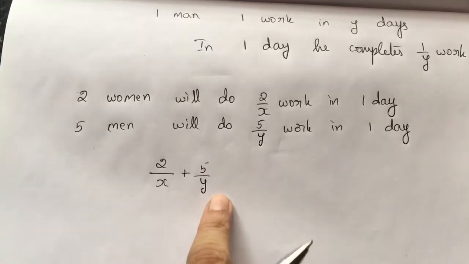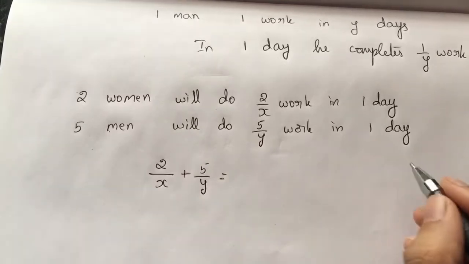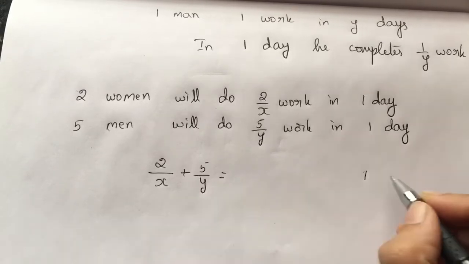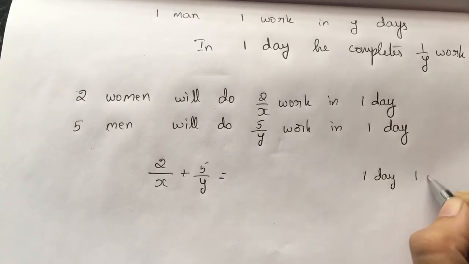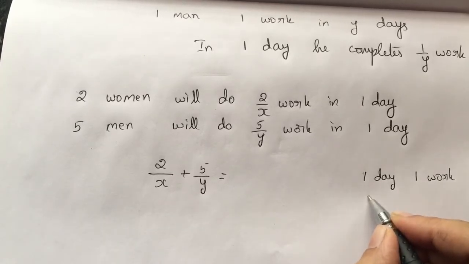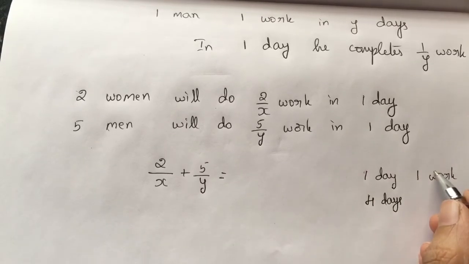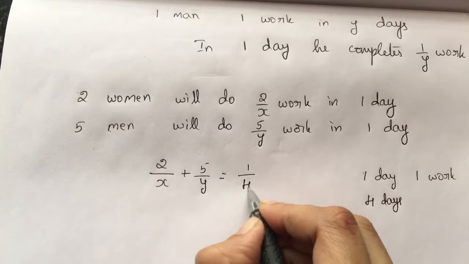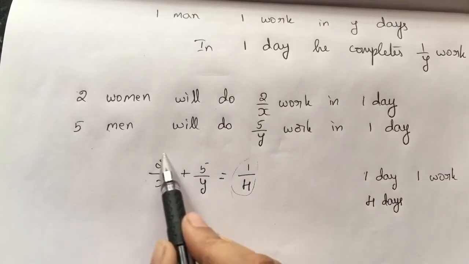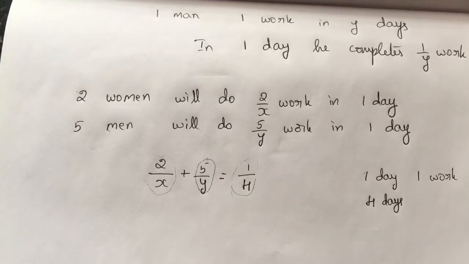Now together they are finishing in 4 days, so the work done is 1 by 4. This is the work done by women and this is the work done by men. So total work done is 1 by 4.